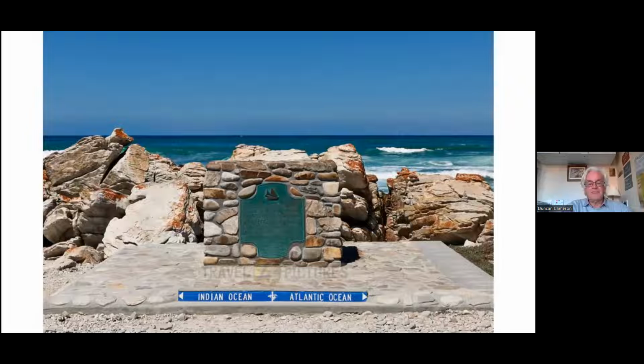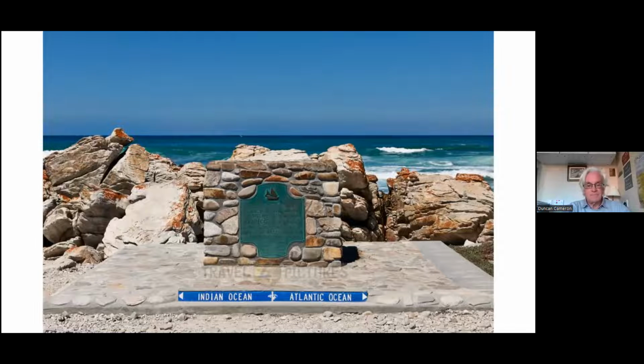Next picture. And in fact, it's rather remarkable, and I find it really rather satisfying, that each of these southernmost points on the major continents is actually recognized as such. So this is in South Africa, and the sign says this is Cape Agulhas, and this is where the Indian Ocean and the Atlantic Ocean meet.